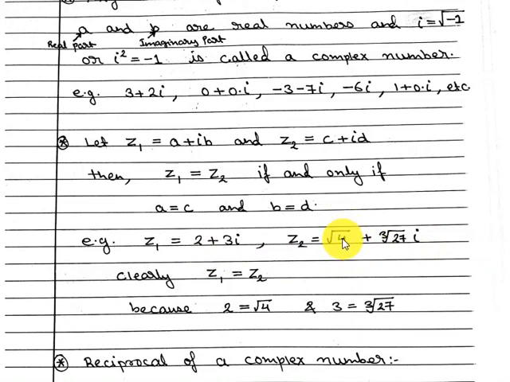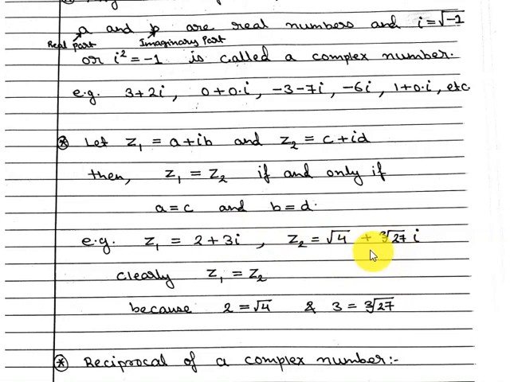So you can see this 2 and here is 2, so these two are equal. Here the cube root of 27 is 3, so this 3 and this 3. So this z2 is nothing but 2 plus 3i.